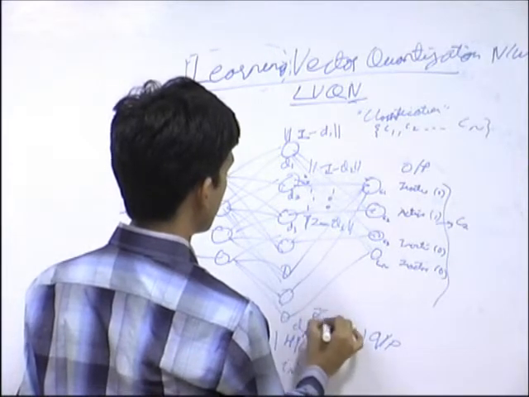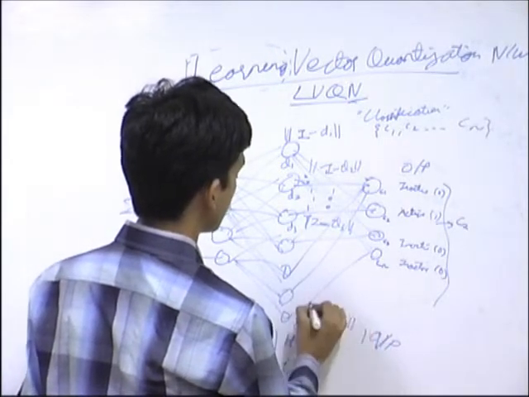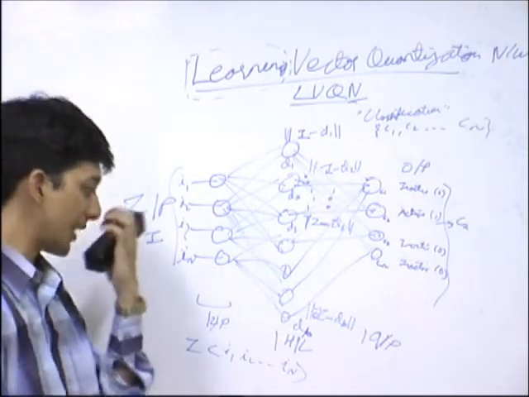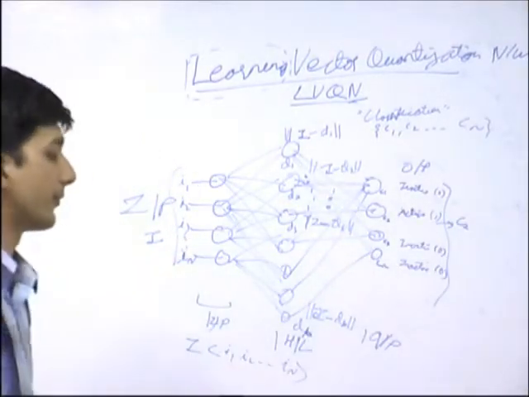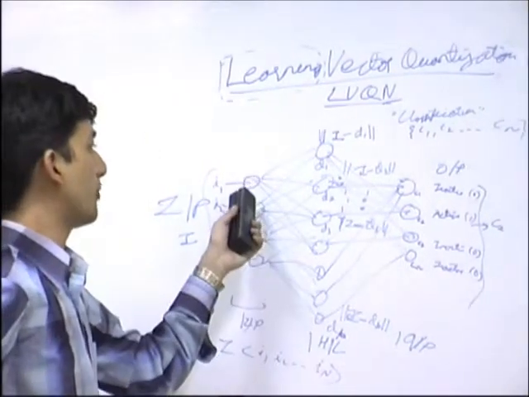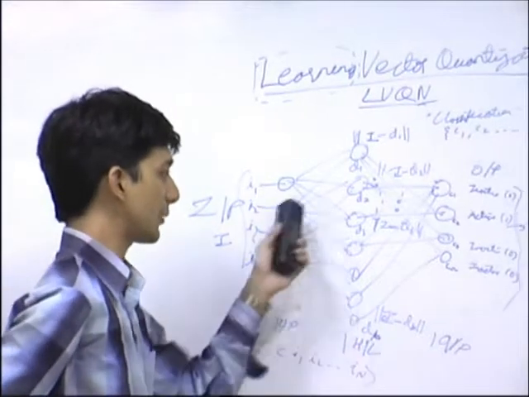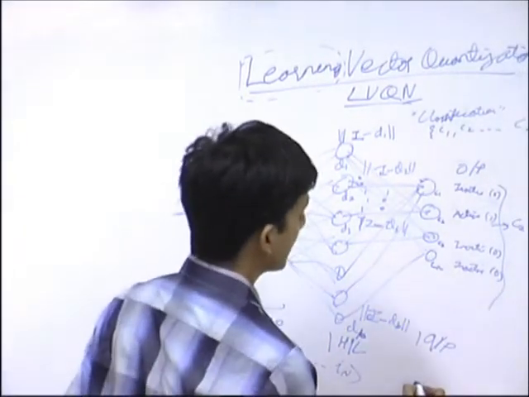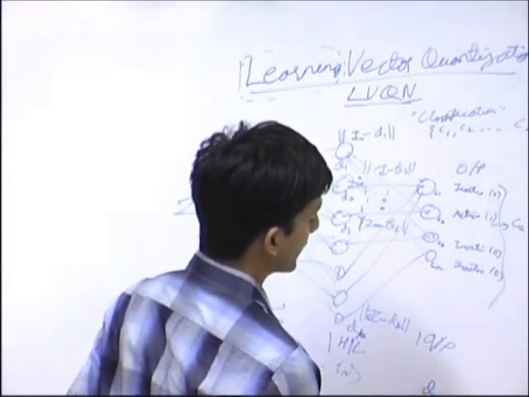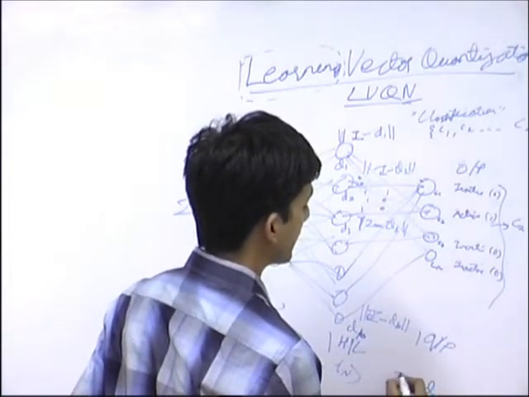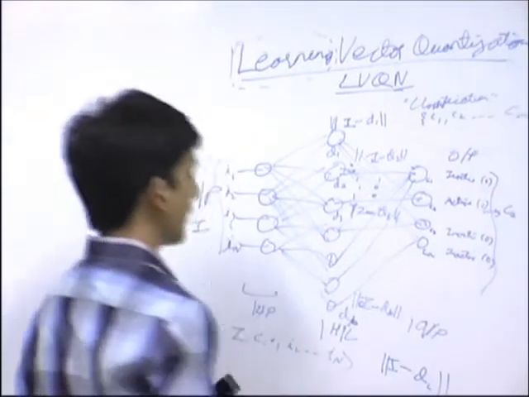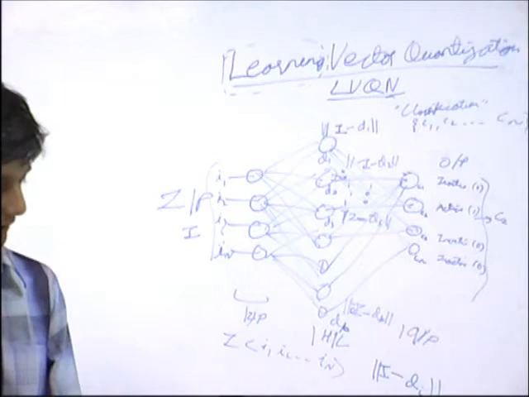This will be I minus Dp. Each one of these is basically trying to calculate the norm of the vector with itself. In general, the first thing that each one does is ask what is the norm of the input with me. This is the information that will further proceed.